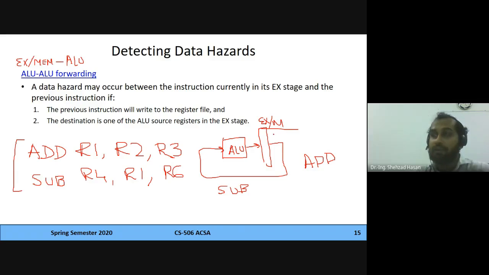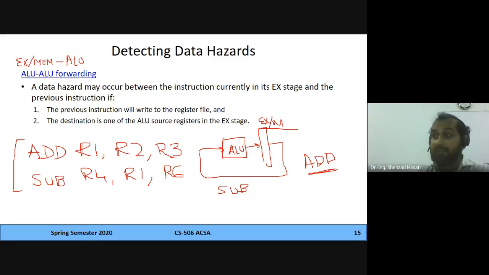For that we are going to use a convention: any instruction which moves to a particular stage, all the control signals and all the register codes also move with that particular instruction. So if add is over here, all its register codes like R2, R3 and R1 also go with that same instruction. If it's not utilized, then it moves with that instruction wherever that instruction goes, whichever stage it goes.